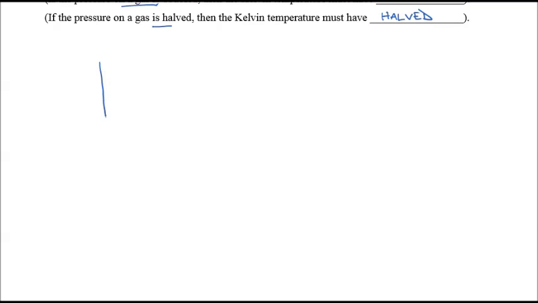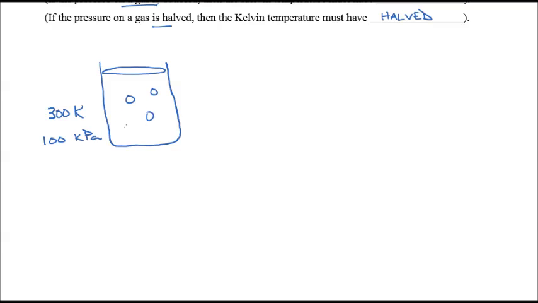So again, here's a cylinder. We're going to say it's at a temperature of 300 Kelvin, and it has a pressure of 100 kPa, and then there's some kind of gas inside. And now we take the cylinder and we heat it up.